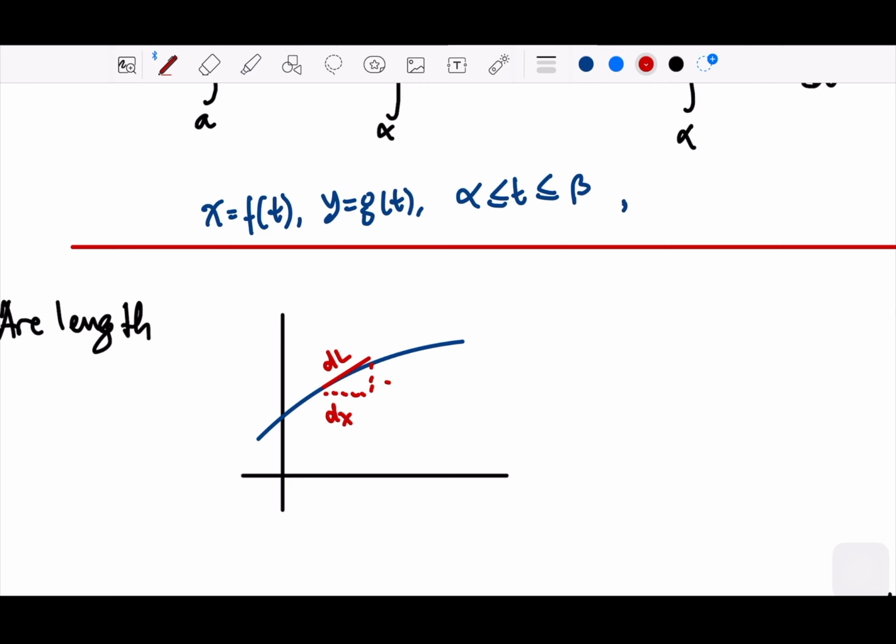This is dx, this is dy. We can just use the Pythagorean formula to see the relations between these three. So dl squared is dx squared plus dy squared, and then dl is the square root of this.